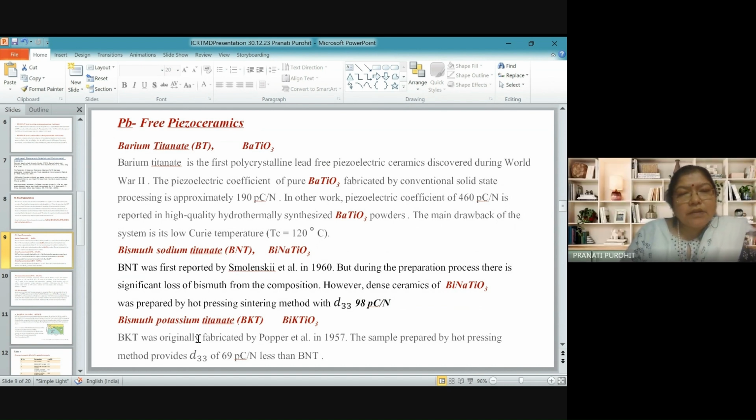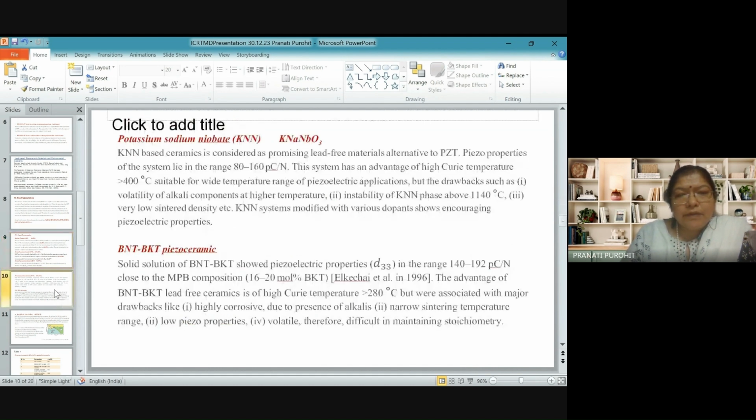The other materials are bismuth sodium titanate, which shows a piezoelectric coefficient of 98, and bismuth potassium titanate, that is BKT, which has a piezoelectric coefficient of 69. So when we discuss these lead-free systems, they show very low piezoelectric coefficients.